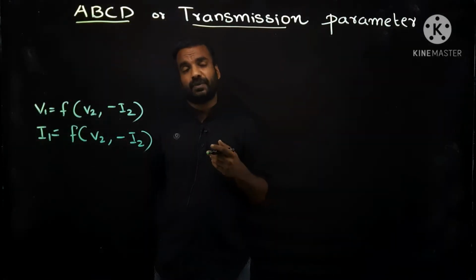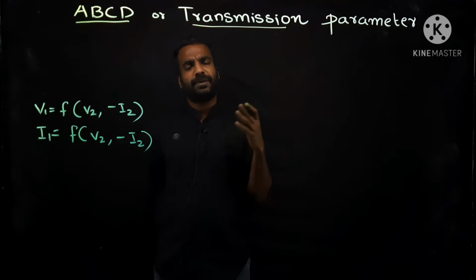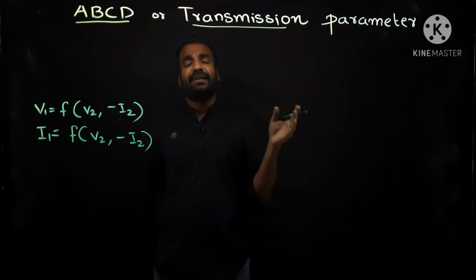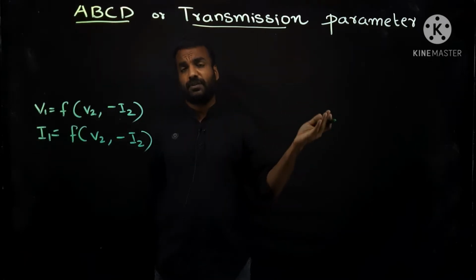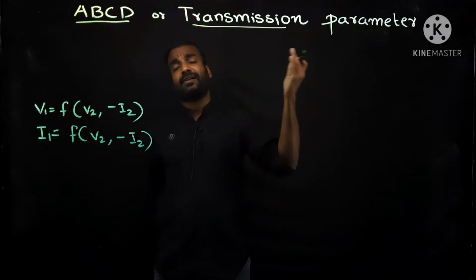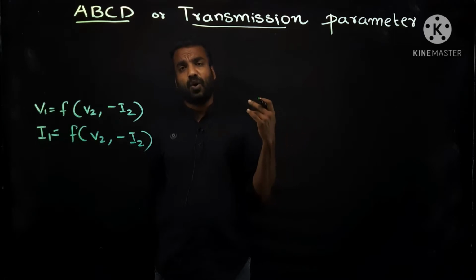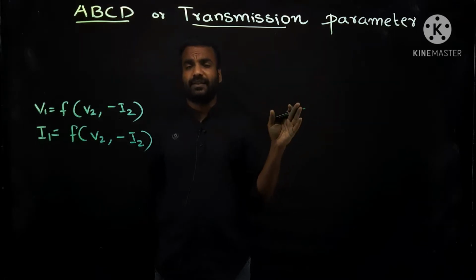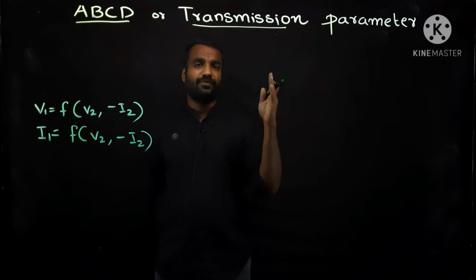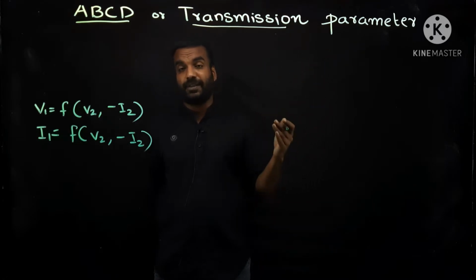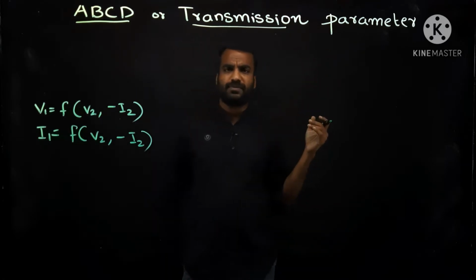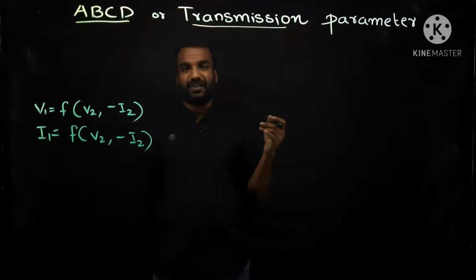Why so? Transmission means everybody knows that we are transmitting electricity from one point to another point through long transmission lines. In Kerala, KSEB is doing that. They have long transmission lines and distribution lines. You can see from tower to tower there are transmission lines, and nearby your homes you can see distribution lines.